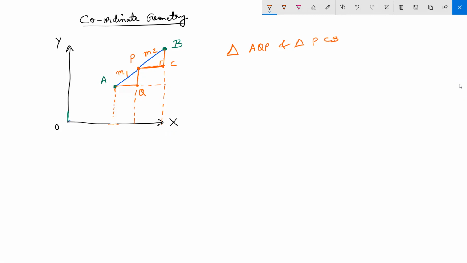BC is perpendicular to PC, and PQ is perpendicular to AQ, because PC and AQ are parallel to the x-axis, and PQ and BC are perpendicular to AQ and PC. That means these two triangles are right angle triangles.